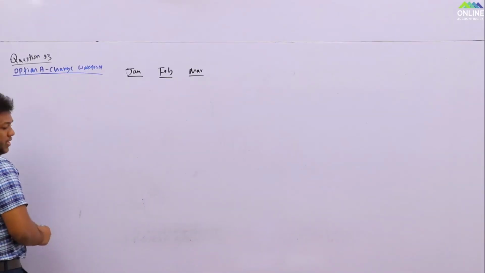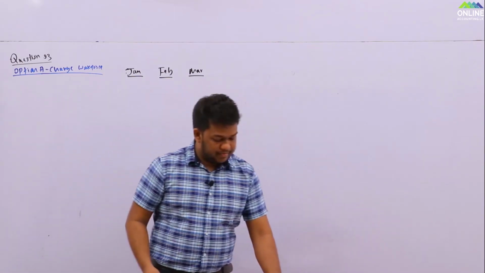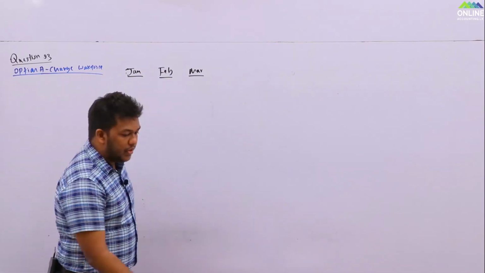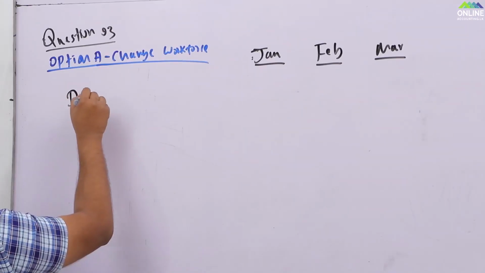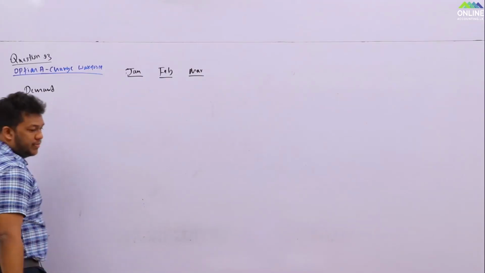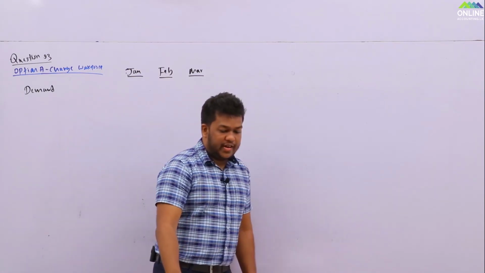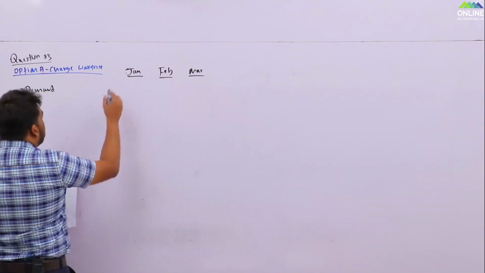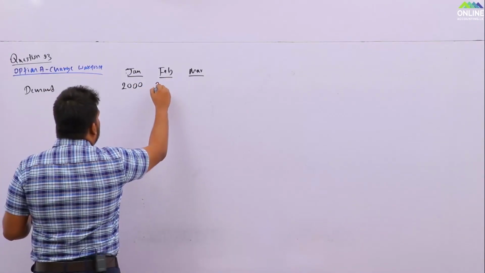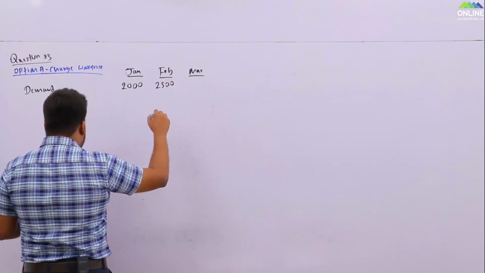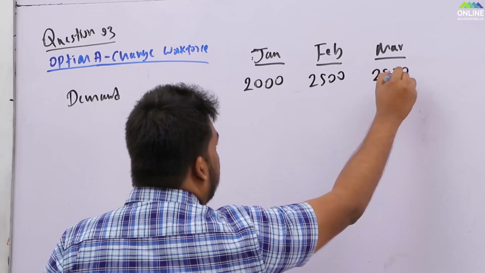Here you have demand. Demand they have given: for January 2000, for February 2500, and for March 2500.